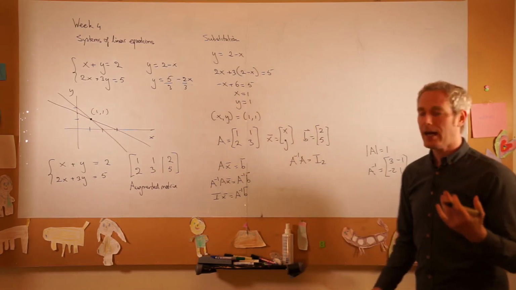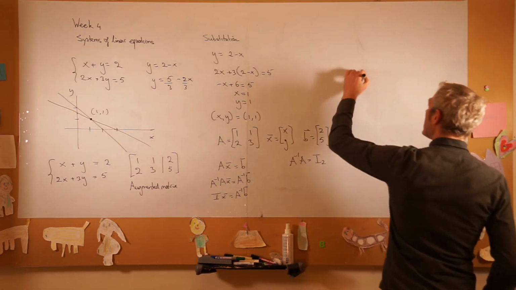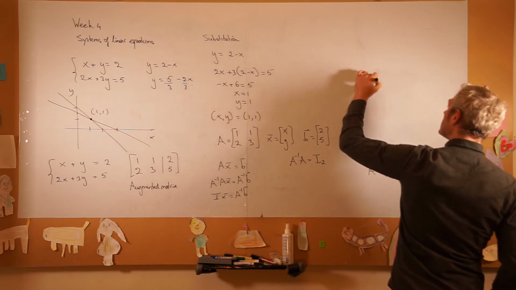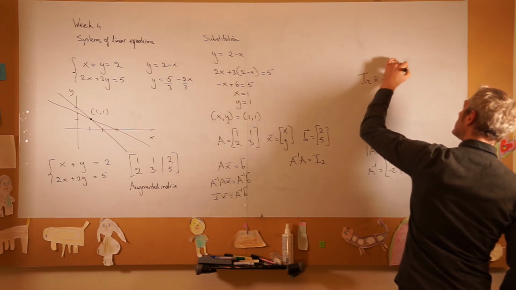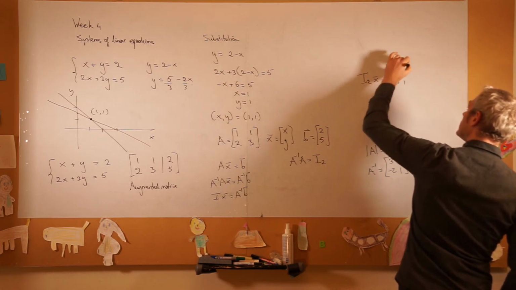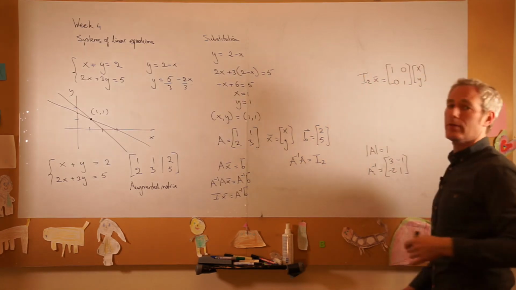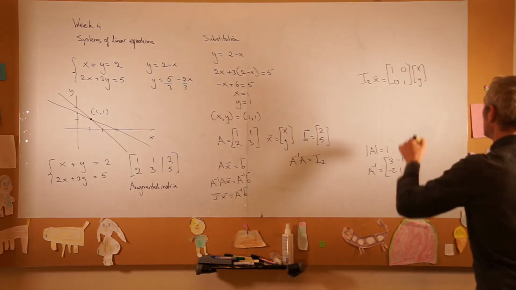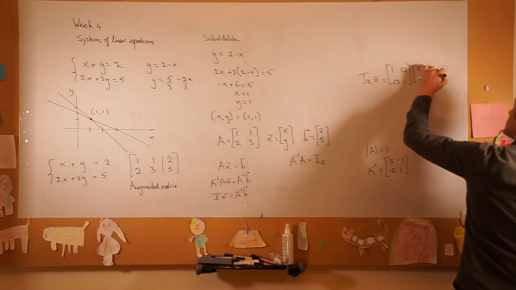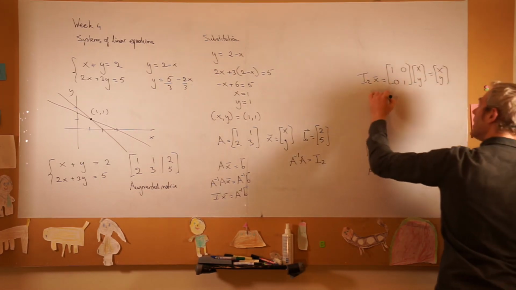Now what is the identity matrix times x? So the identity matrix times x is 1, 0, 0, 1 times x, y. Well, if we multiply this out, this is x, y, it's the vector itself.